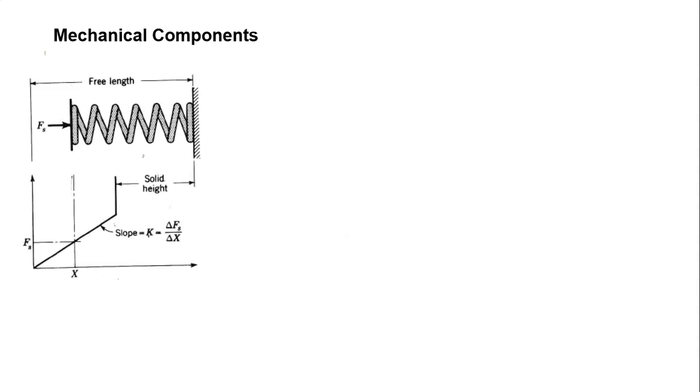Therefore, first element we are going to study is helical spring. It is a mechanical element. Now you are seeing in the diagram that a helical spring is there and a force Fs is applied on the spring so that the spring is getting compressed by distance x as shown in this load deflection diagram.